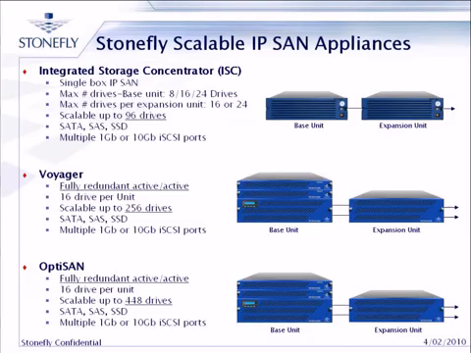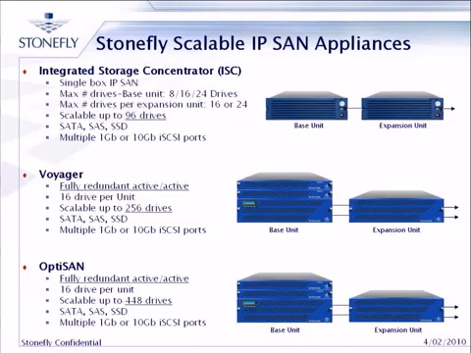The differences come into play as far as the number of ports, number of drives, and all of that. The main difference between the bottom 2 and the top one is redundancy. The Voyager and OptiSAN are fully redundant, active-active storage, so you will never lose access to your storage using Voyager and OptiSAN.